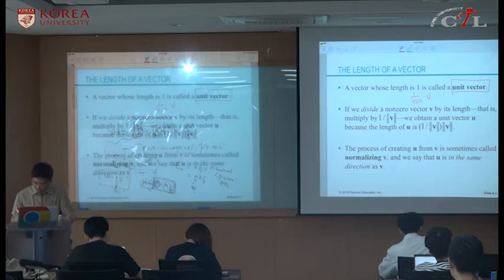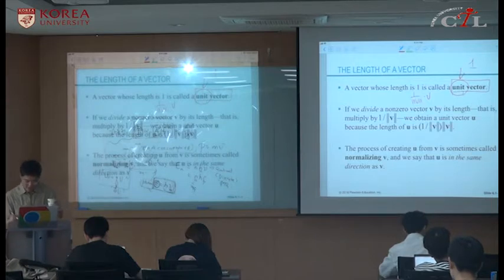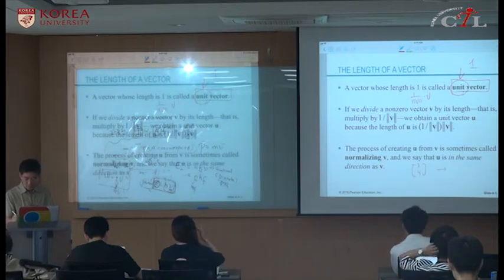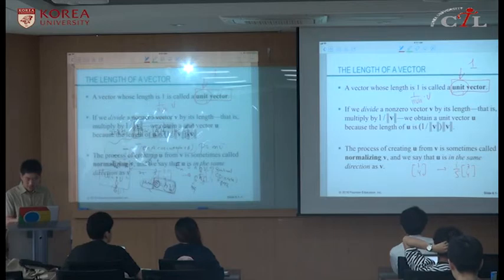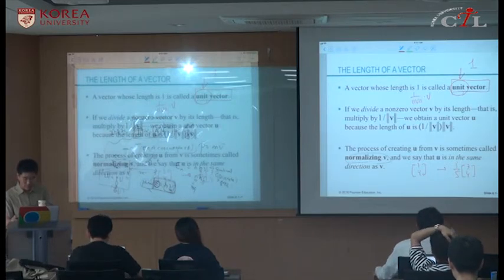The unit means that the vector length is just 1. And this process of making a given vector a unit vector, so changing like 3, 4 into this vector, is called normalizing the given vector v.